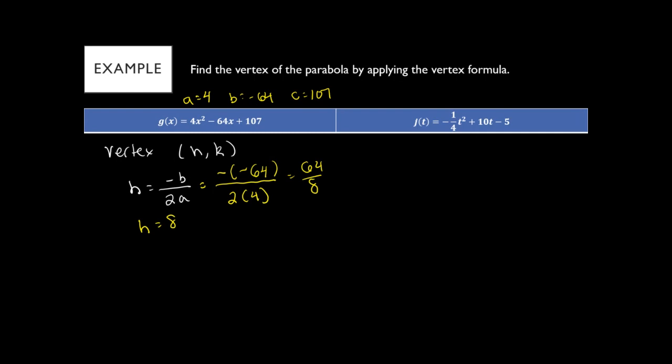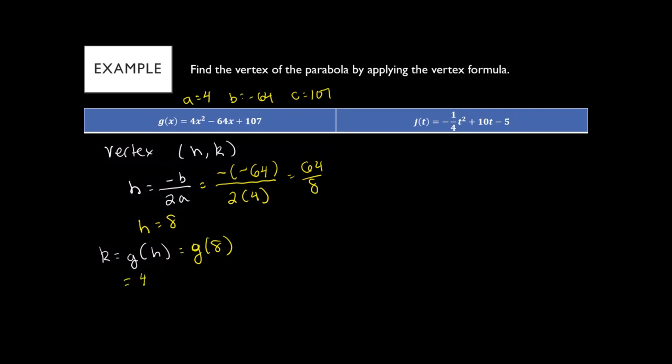And then we need to find the y value, which is k. And so that's where you plug it into your formula. So k is equal to g of h in this case. So this is going to be g of 8 because h is equal to 8. So we need to plug this into our formula.